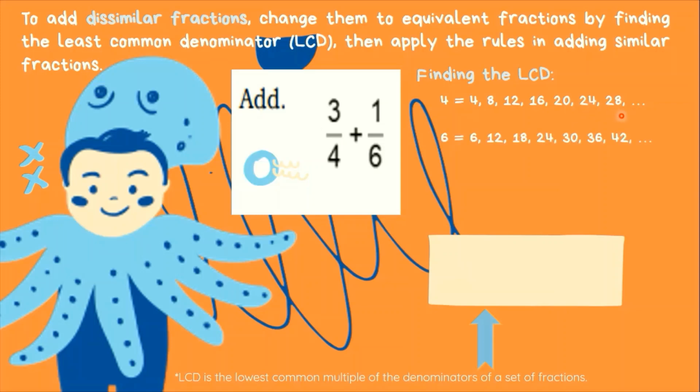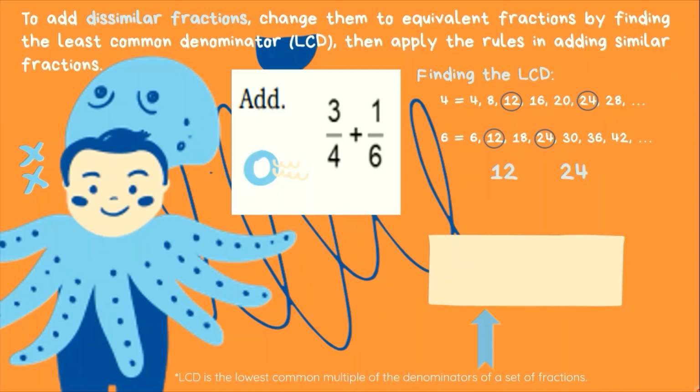Ganon din naman kay 6. Kunin natin yung multiples niya. 6 times 1, 6 times 2, 6 times 3, 6 times 4, 6 times 5, 6 times 6, 6 times 7, at marami pang iba. But let's stop here. Among these numbers, ano nga ba yung mga numbers na common sa 4 and 6? 4 and 6 ay parehong may 12. Bukod pa dyan, pareho rin silang may 24.